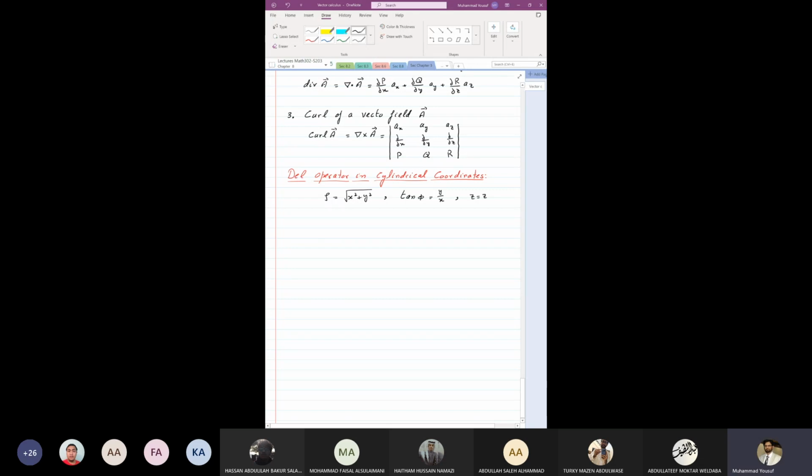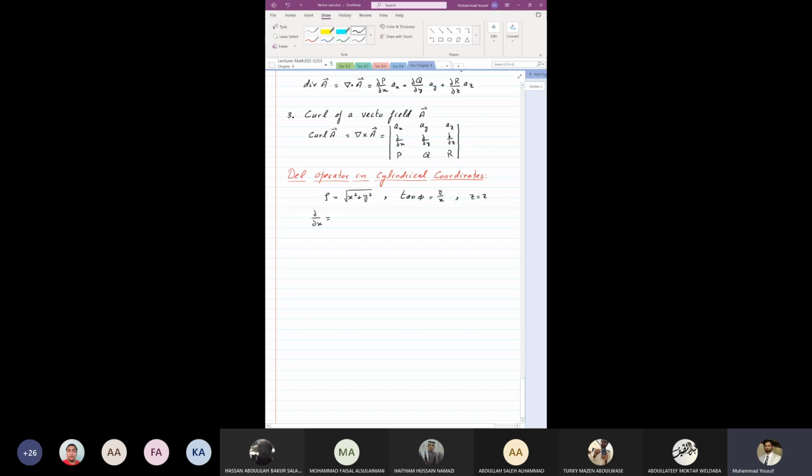Now from here we can get partial over partial x. Tan of phi is y over x.